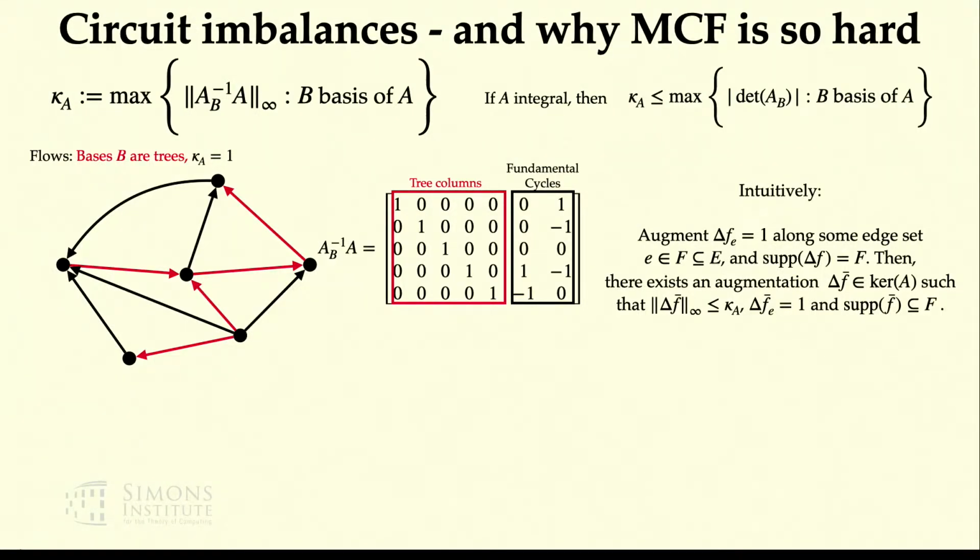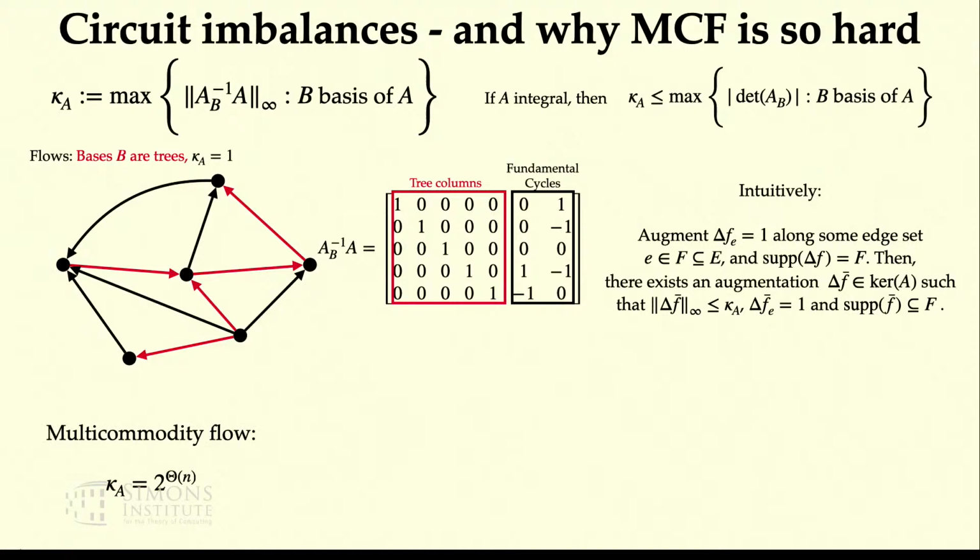Then the condition number is the smallest number such that you can always do that with some flow f bar that is also supported on the same set, routes exactly 1 unit along that edge, and the supremum norm of that flow is at most kappa. So this example essentially shows that for flows, this kappa has to be 1. This is equivalent to saying that flow matrices are totally unimodular.